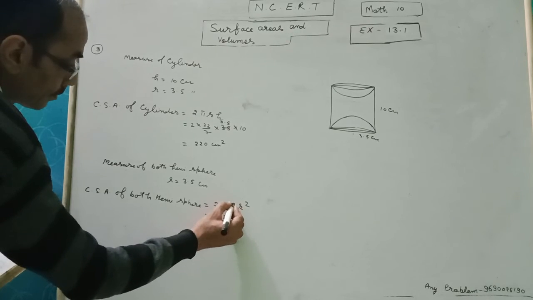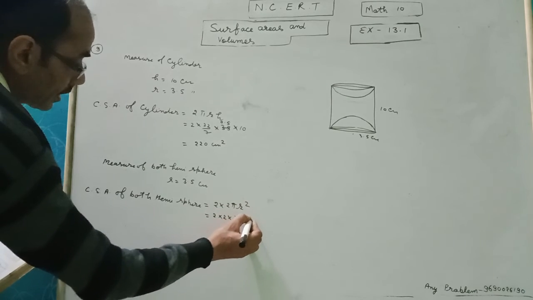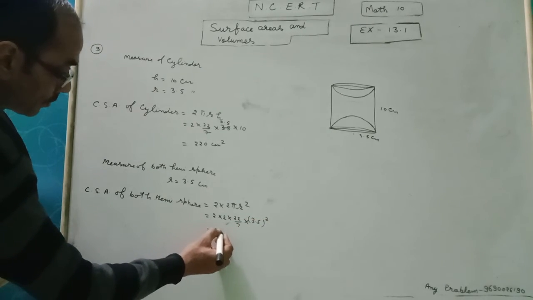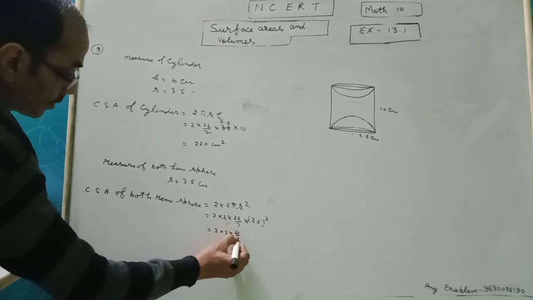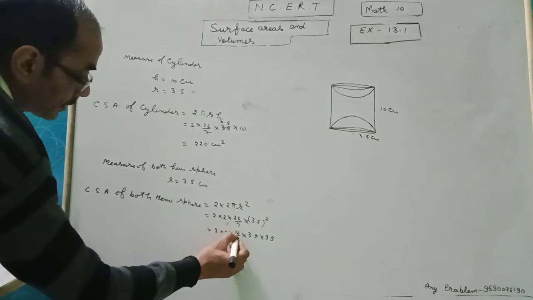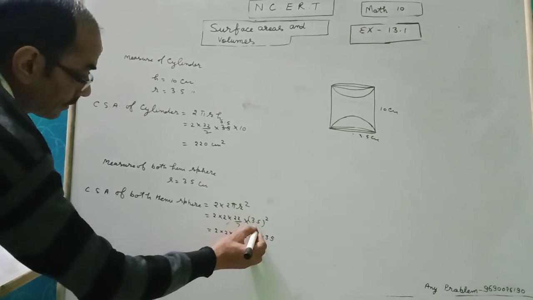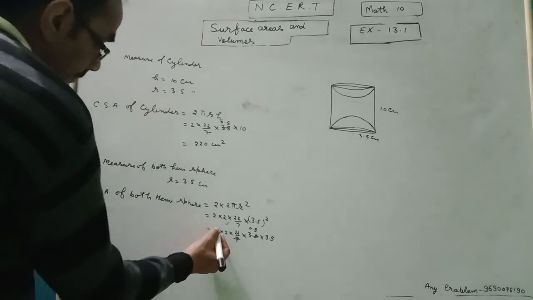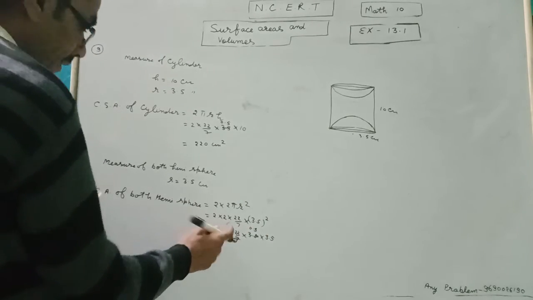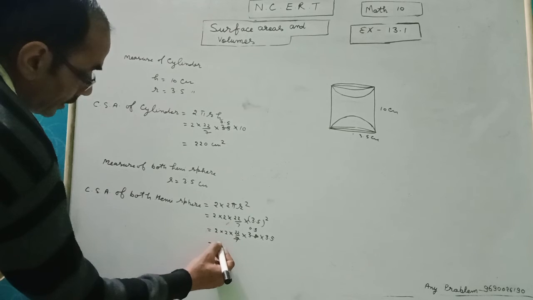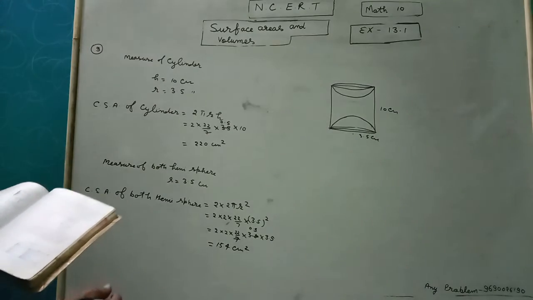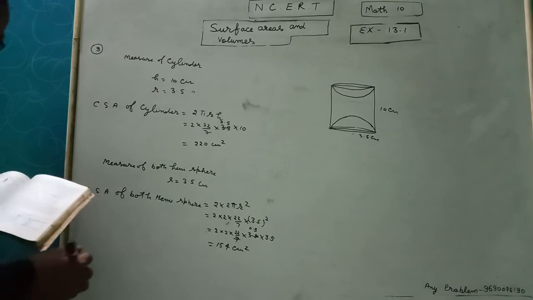Pi value is 22 upon 7, R value is 3.5. 2 into 2 into 22 upon 7 into 3.5 into 3.5. 7 divided by 0.5, 0.5 into 2 is 1, 3.5 multiplied by 2 is 7, 7 multiplied by 22, 154 cm square is the CSA of both hemispheres.